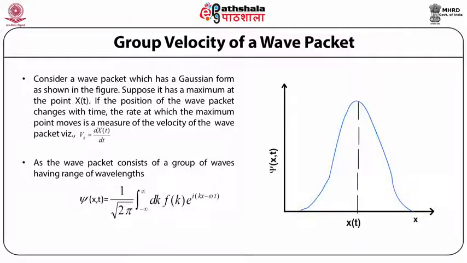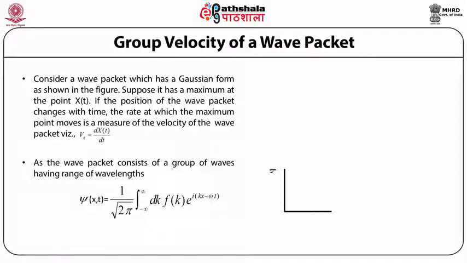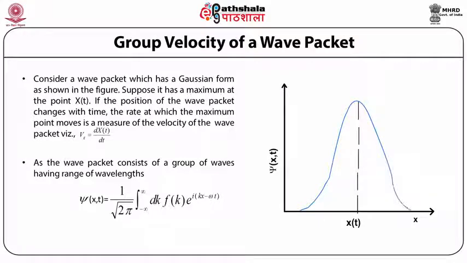In this expression for the wave function, f as a function of k is the Fourier transform with respect to the wave vector, and k, the wave vector, is associated with the particular wave packet.